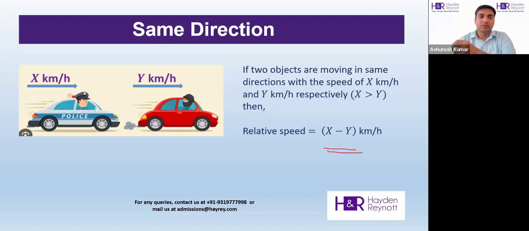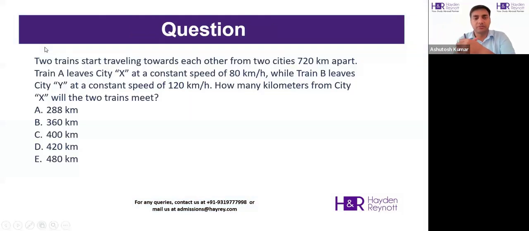So that is the meaning of relative speed in the same direction and in the opposite directions, right? If I have to solve any question, we'll try to use those formulas. For example, you have a question here. It says that two trains start traveling towards each other from two cities which are 720 kilometers apart. We have to find the distance from city X at which they will meet.